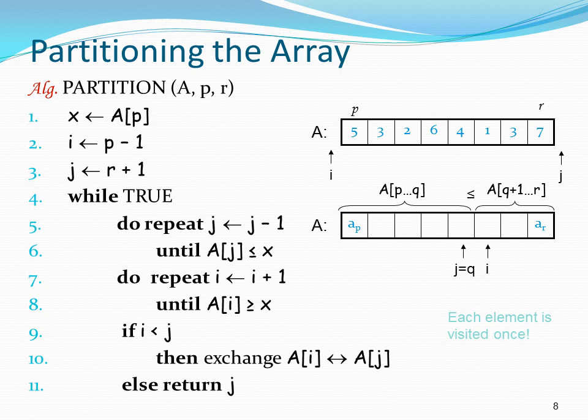Skip over all the elements which are greater than the pivot element. Stop when an element less than or equal to the pivot element is reached. Then for I, scan from left to right, skipping over elements.